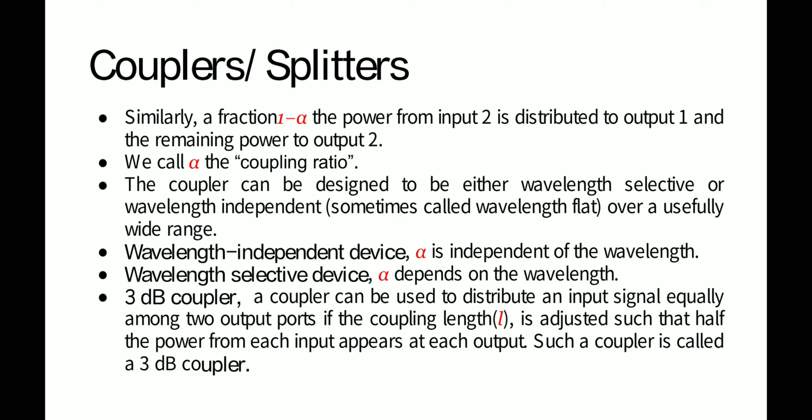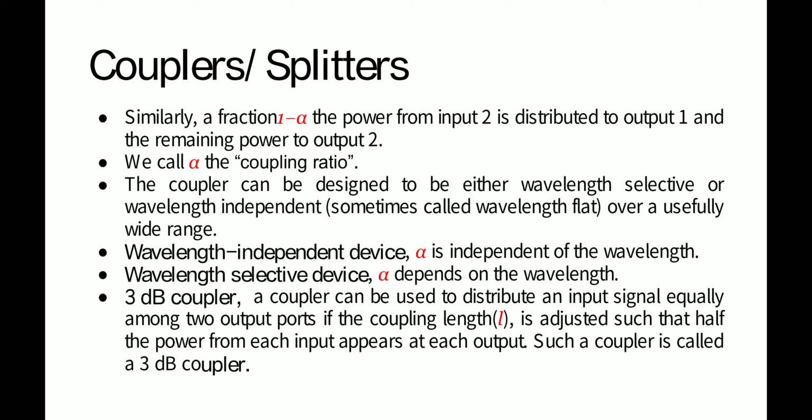So it is the fraction of input power that is coupled to the output port. The coupler can be designed to be either wavelength selective or wavelength independent, sometimes called wavelength flat, over a usefully wide range. That means when we are applying input to two input ports, those may be having different wavelengths.